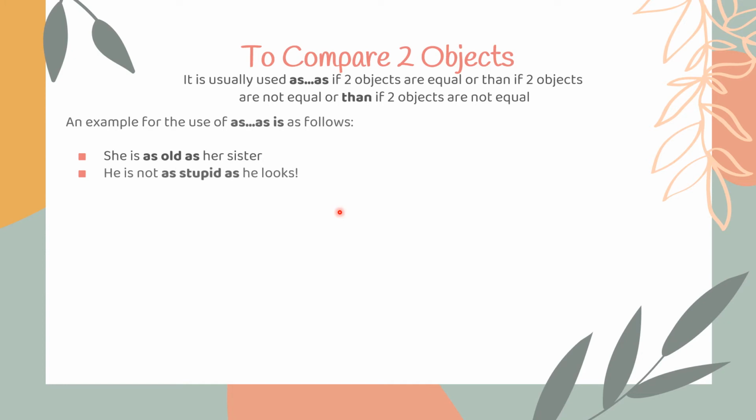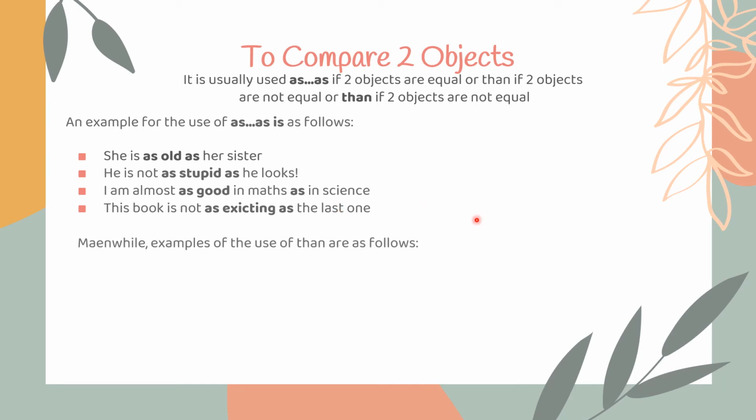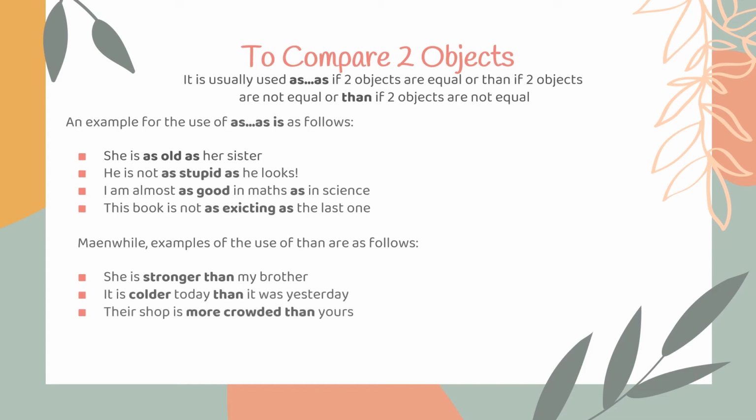He is not as stupid as he looks. I am almost as good in math as in science. The book is not as exciting as the last one. Examples of the use of than are the following. She is stronger than my brother, and it is colder than it was yesterday. And the last one, their shop is more crowded than yours.